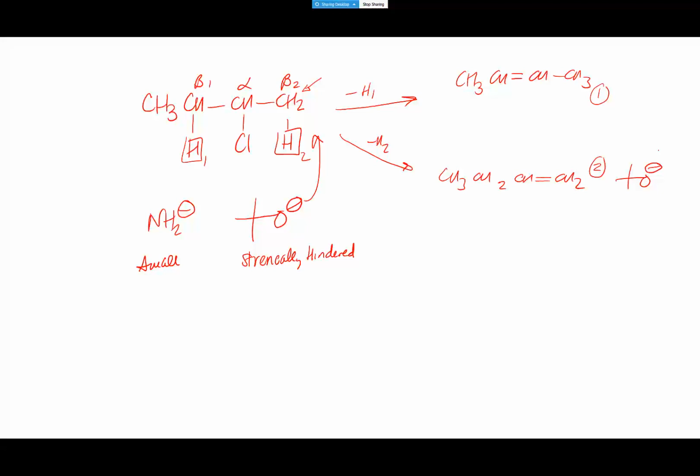So what happens to the transition state energy? It goes up. So the less sterically hindered the hydrogen, the lower the transition state energy. The lower this transition state energy, the lower the activation energy, and so the faster the tert-butoxide will be able to get to beta H2 than beta H1.